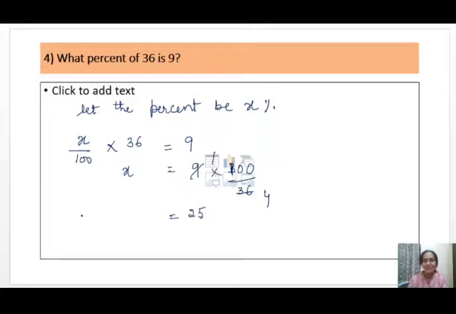Right? The value of x is 25. Now your answer is 25%. Don't leave the sum like that. 25% of 36 is 9. This is your answer.